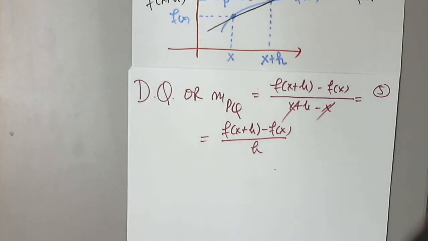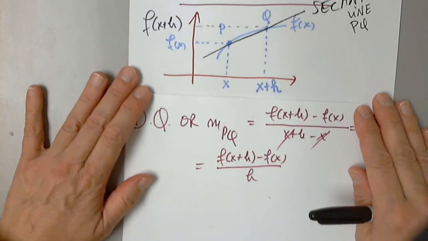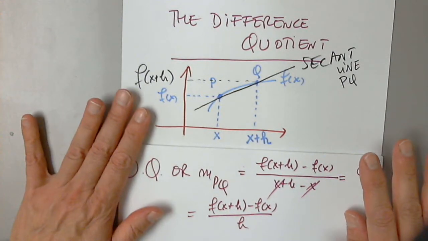I would like us to look at two functions. One that is a radical function, and another one that is a quadratic function. Have we determined the difference quotient for other functions before? No. Okay. So, what does it mean?